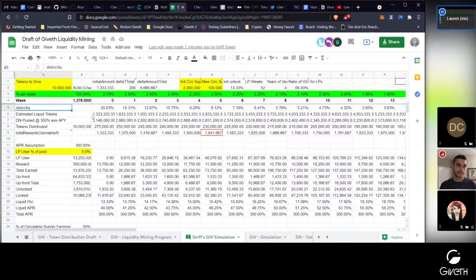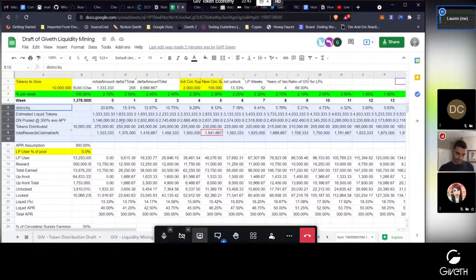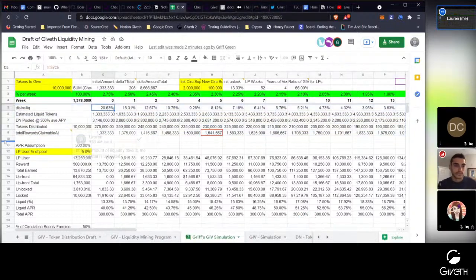So now we have these rows. This one is how much is being distributed versus how much is liquid in the pool. I think I'll have to look that up. Let's see, C8. Yeah, so this is the estimated liquid tokens total, and this is how many tokens are being given away to people.